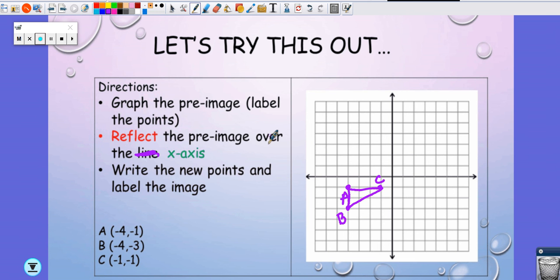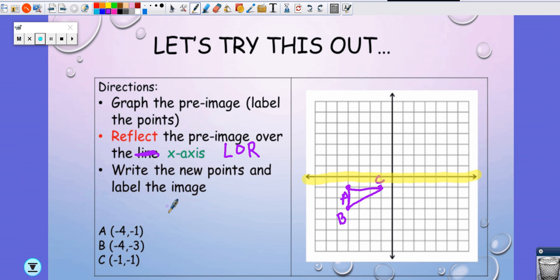Now it says reflect over the x-axis. So this is telling me that my line of reflection is going to be the x-axis. I'm going to highlight the x-axis, and I am going to flip over that line. Now, we have a rule when we flip over the x-axis.